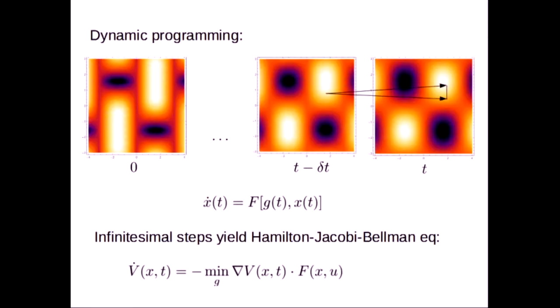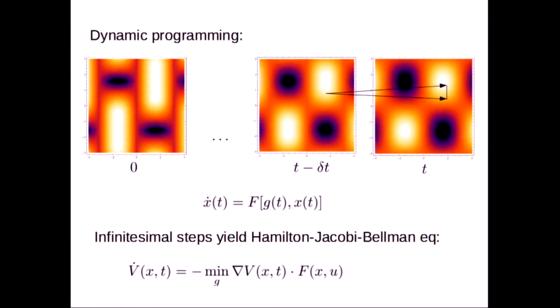And so there's actually a different, equivalent way of thinking about this, which I think is maybe even a little more intuitive and gives you an idea of where this principle comes from. You can think about designing your optimal control trajectory as a dynamic programming problem.